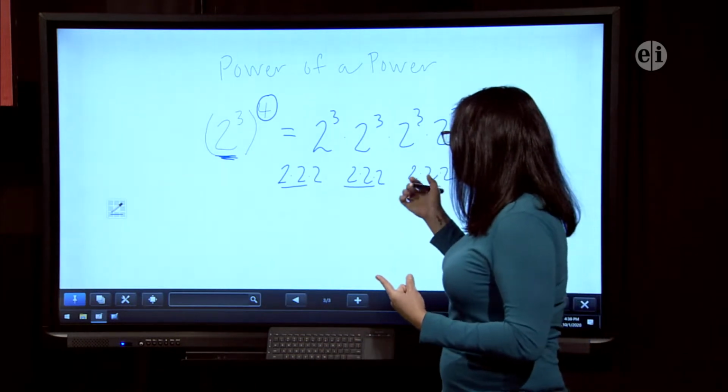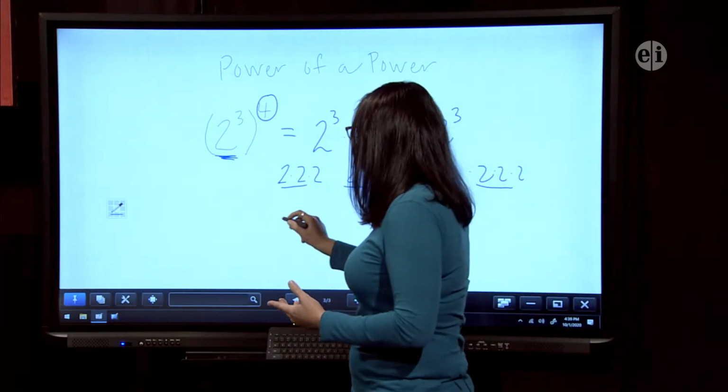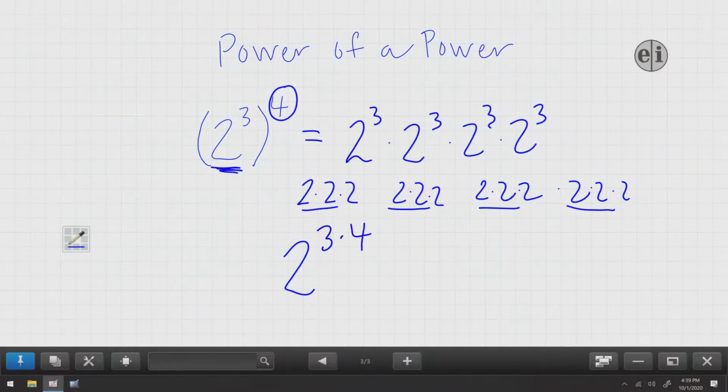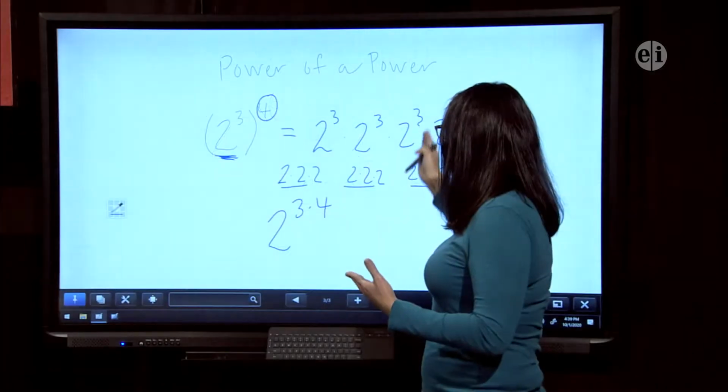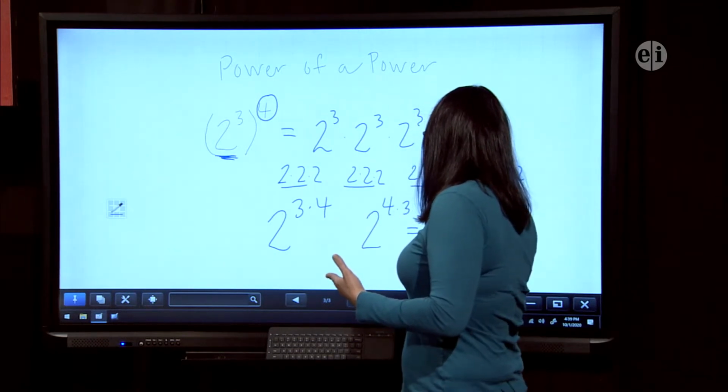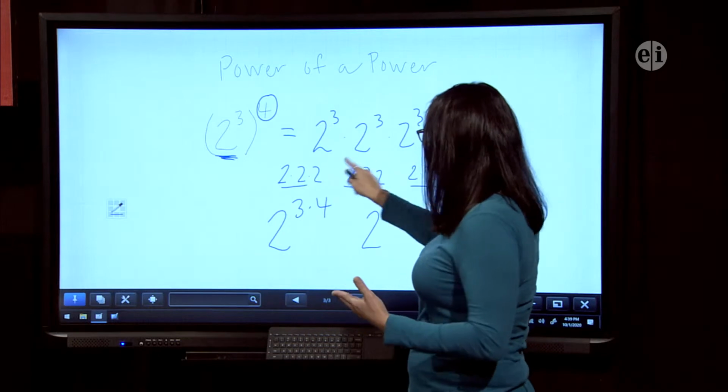Now what I tell kids to do, so when you see the rule for this, it'll say 2 to the 3 times 4. And that bothers me because really you're doing 4 copies of 3 2s multiplied together. So I have kids write 4 times 3, which is 12 copies. 3, 6, 9, 12.